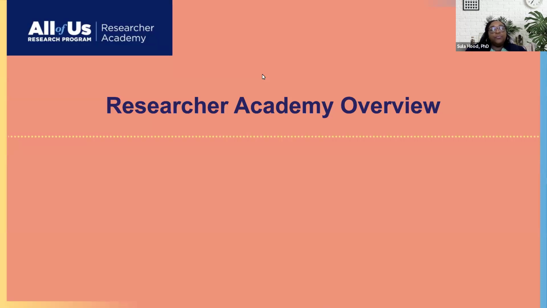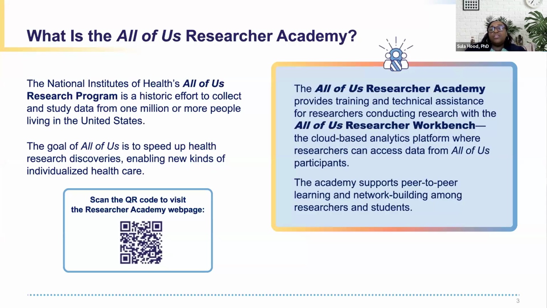Just before we move forward with today's presentation, I'd like to share a brief overview of the All of Us Research program, as well as a little bit of information about how our Researcher Academy fits in.